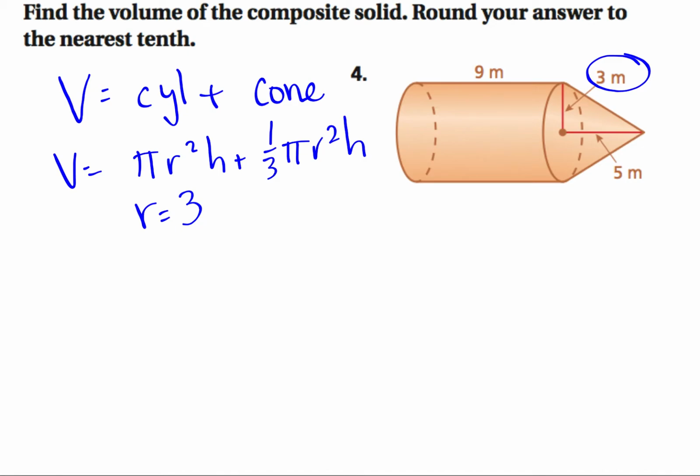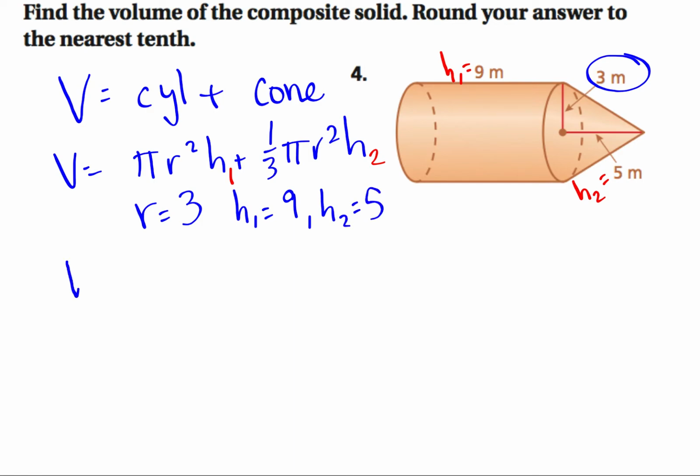Since they are different heights, I am going to add some indexes here. We're going to call h1 and h2, h1 being the height of the cylinder and h2 being the height of the cone. So h1 is 9, h2 would be 5.